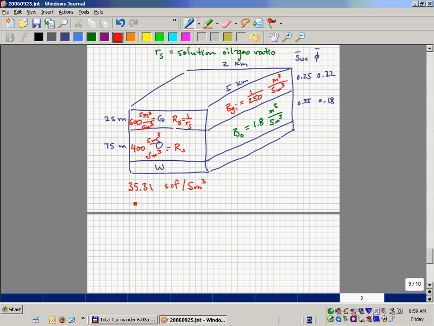And there's 6.28 stock tank barrels in a standard cubic meter of oil and gas. Okay? That way you can convert from your final numbers to the numbers that I've been talking about.